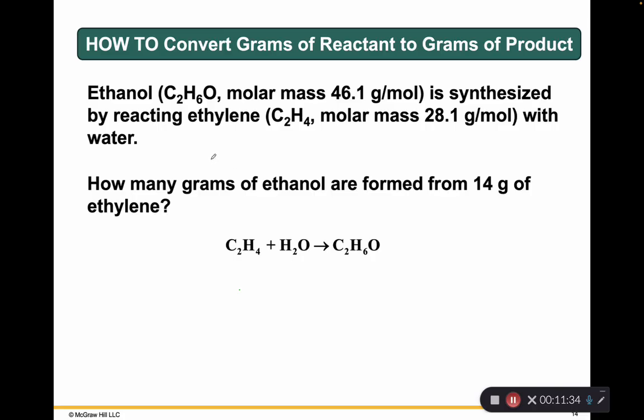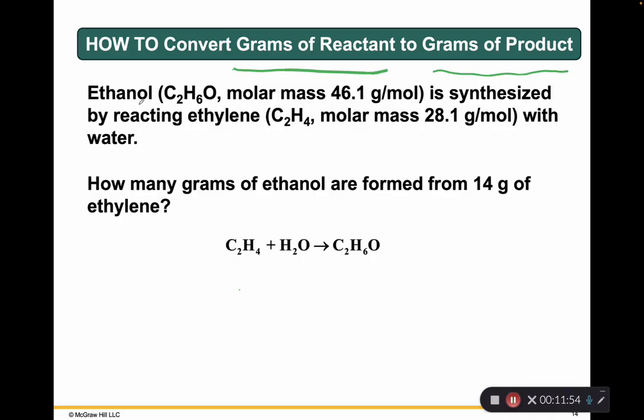So the question is how to convert grams of reactant to grams of product. We have grams of reactant, the starting material given, and you have to find out how many grams of product it will make.